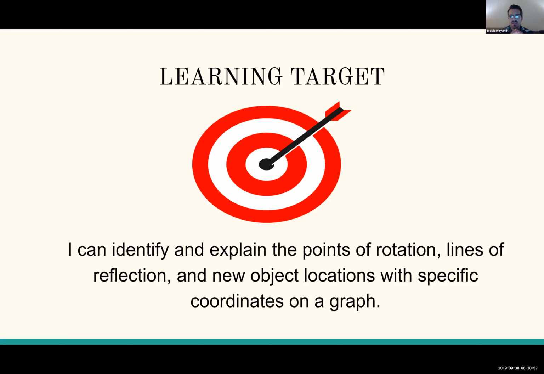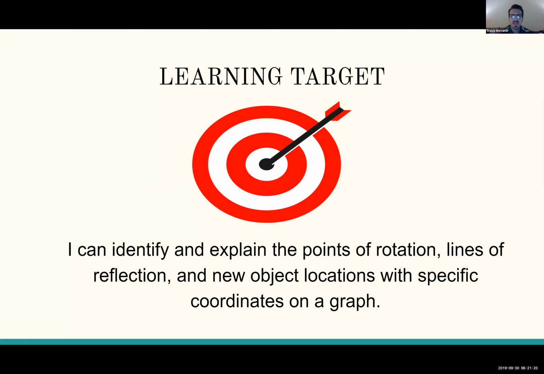So by the end of this lesson, watching this video, you should be able to answer the statement that I can identify and explain the points of rotation, lines of reflection, and new object locations with specific coordinates on a graph. So not only are we going to be looking at points and lines and different locations, but we're going to kind of be looking at the graph part of this.